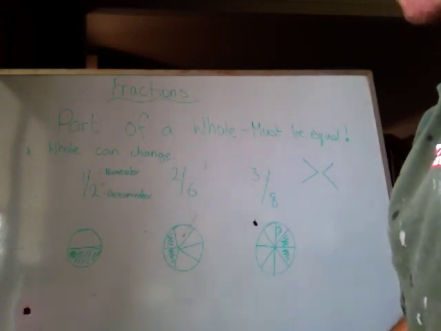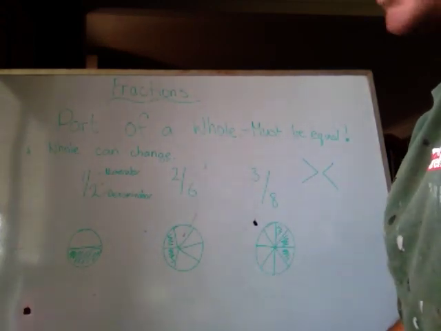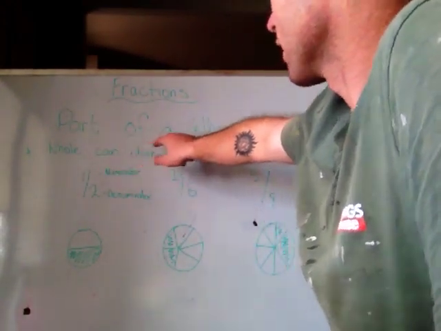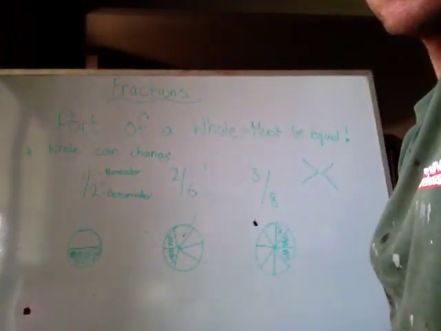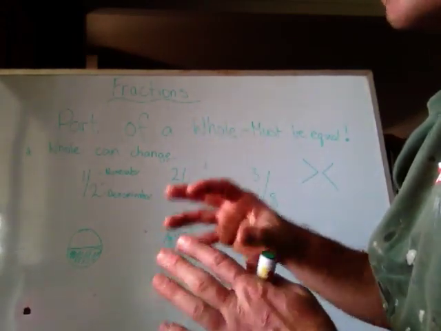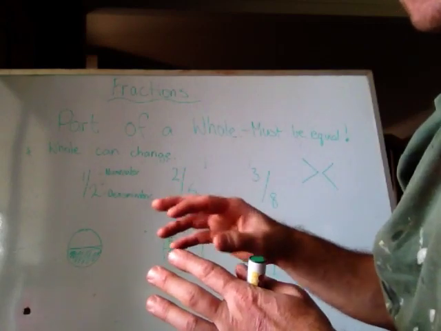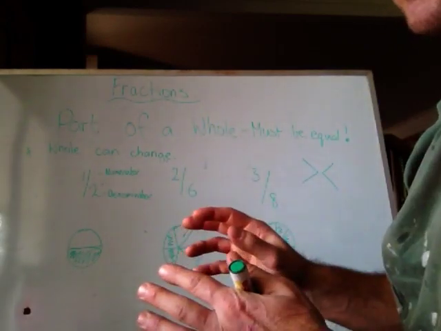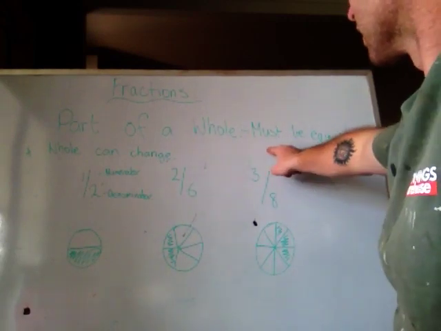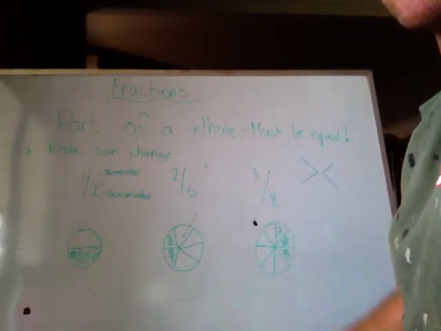The one most important thing that you have to understand is that a fraction is a part of a whole. That is what defines a fraction. It is one part or two parts or three parts of a certain whole. Now the important thing to remember is they must be equal.